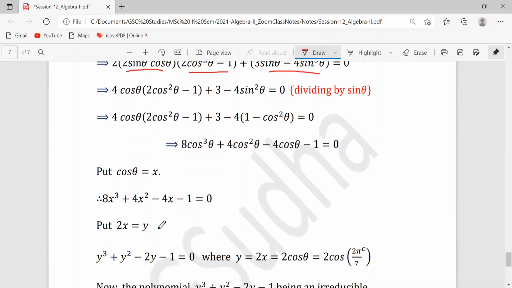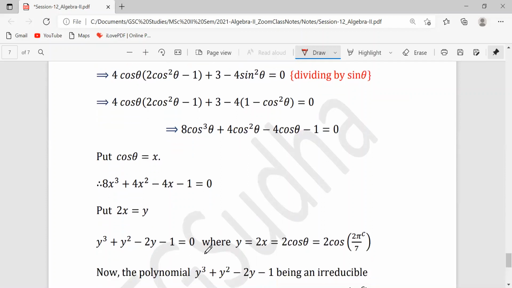Let us once again substitute 2x equal to y so that the highest degree term will have coefficient equal to 1. So we get y cube plus y square minus 2y minus 1 equal to 0. There are too many substitutions, so we can write this as y equal to 2x, and 2x is 2 cos theta, and 2 cos theta is 2 cos 2 pi by 7.